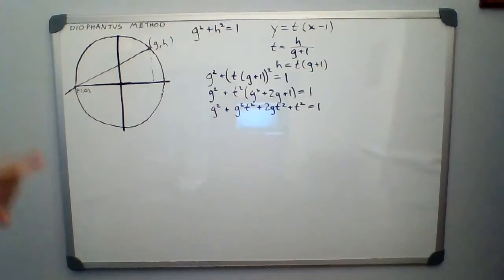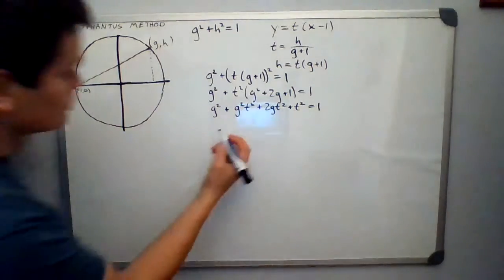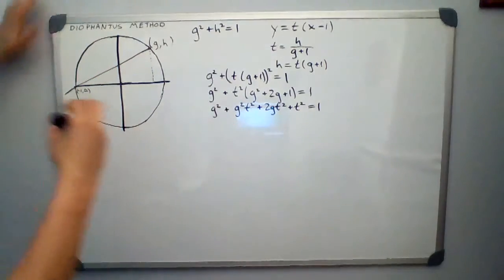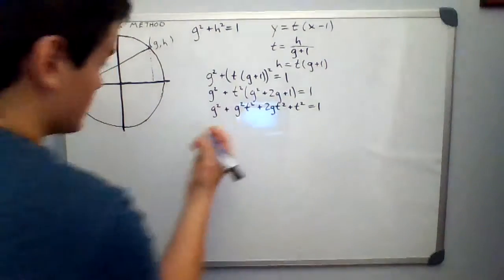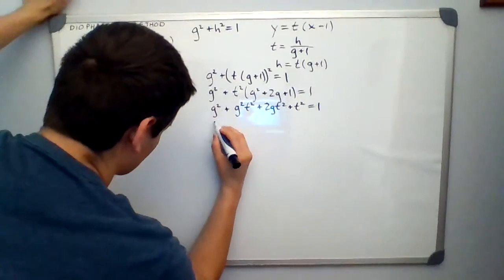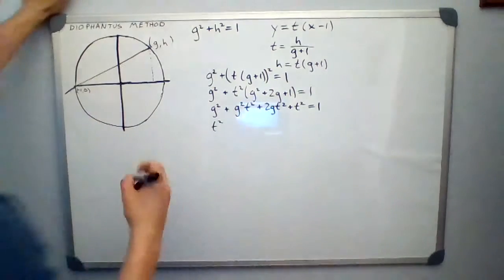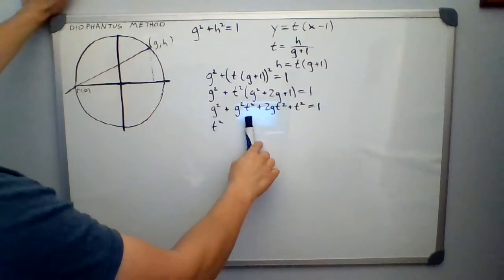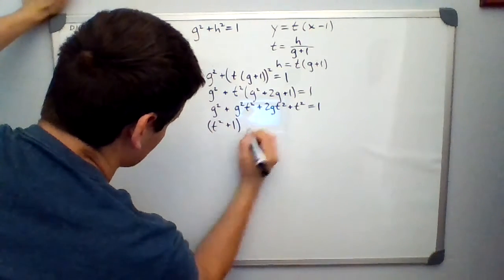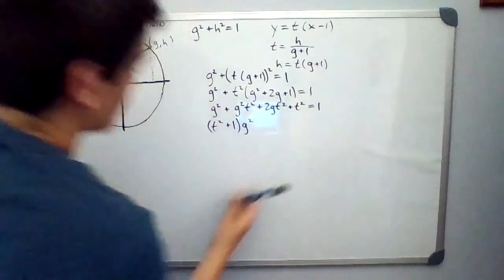Remember, I'm solving for g in terms of t. So I'm going to want to isolate my g's and write that as a quadratic formula of g, and I'm going to treat t like it's just a regular number. So I have my g squareds here, so I have t squared plus 1 times g squared.